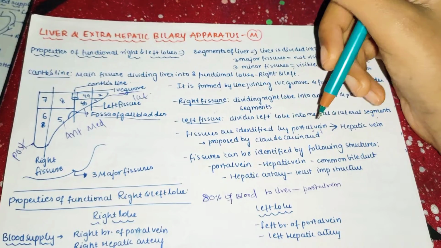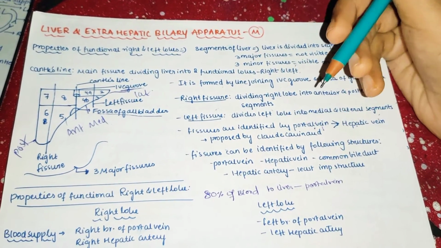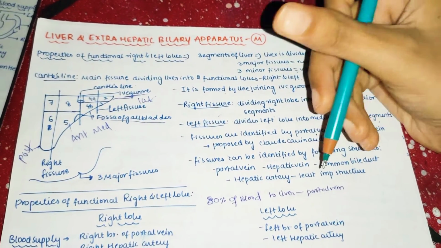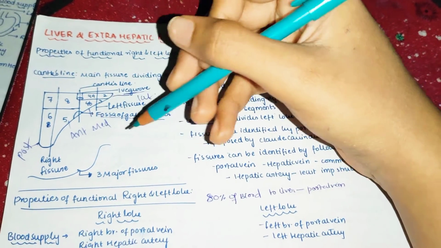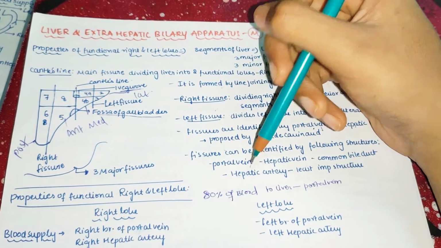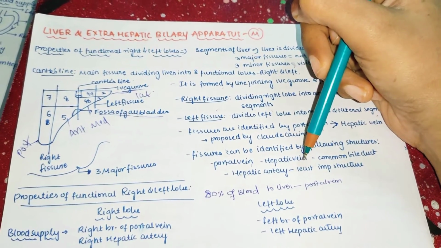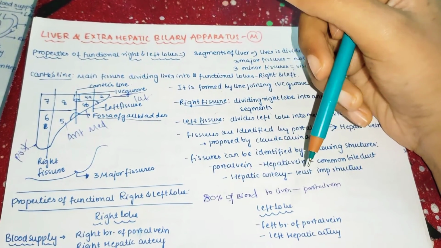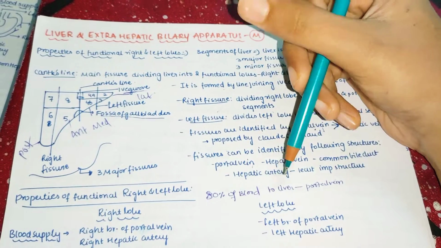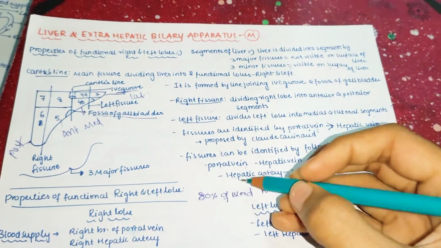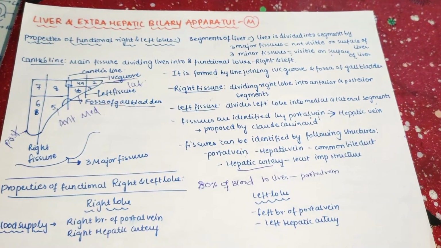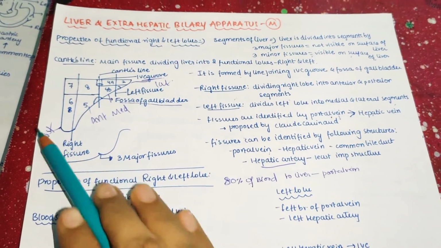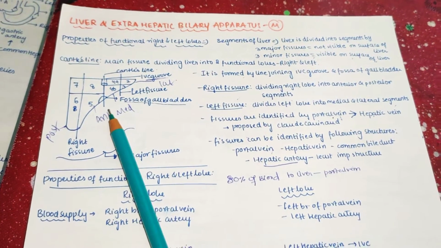Before, Couinaud said only the portal vein, but now there are also other structures. On that basis you can also divide the liver: first the portal vein, next the hepatic vein, also the common bile duct and hepatic artery. Among all the structures, the least important is the hepatic artery, on the basis of dividing the liver into different lobes.